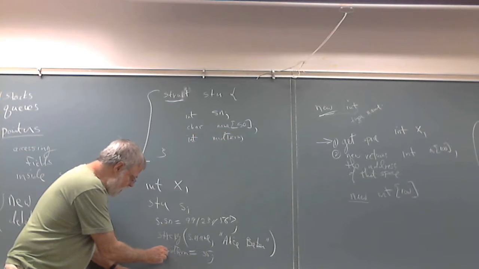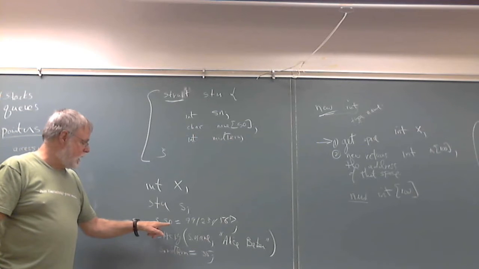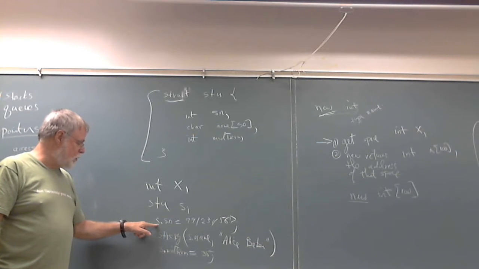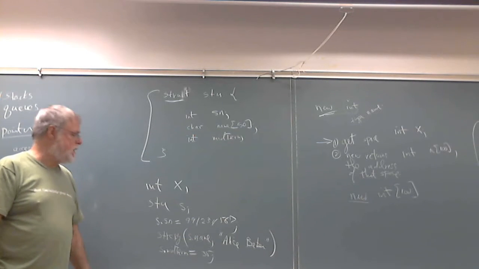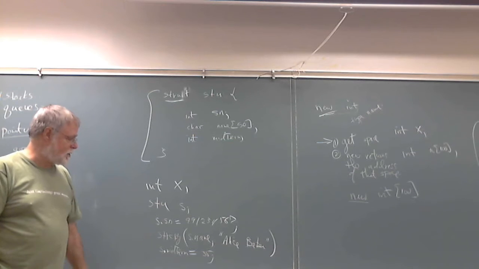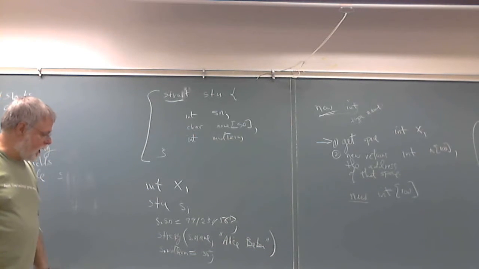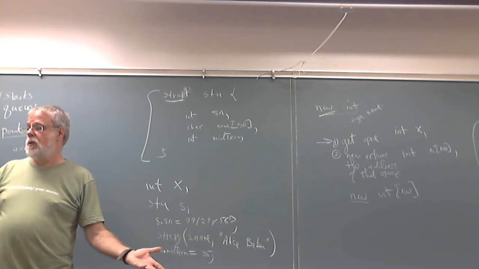Notice this dot notation. S dot sn, that's the student number for this student s. S dot name, that's the name for this student s, and the name happens to be Alice Baker. And her midterm grade happens to be 35.